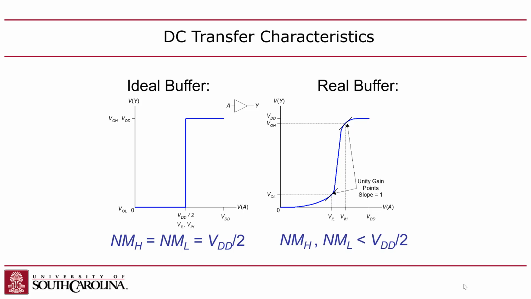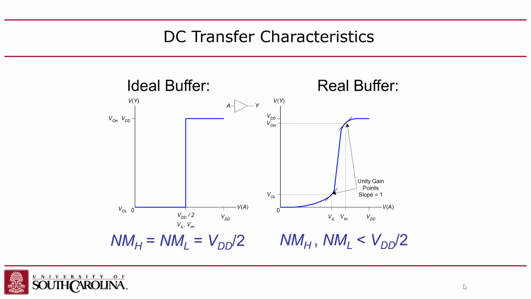What's nice is that VIL is going to be more than VOL, because of the way the gate behaves. So as long as your input voltage is not in the forbidden region between VIL and VIH, you know the output of that gate is going to be less than VOL or greater than VOH. You guys with me?